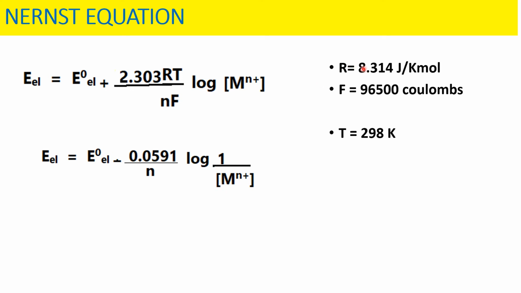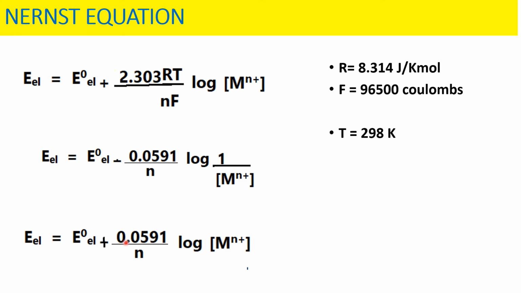By applying the values of R, T and F here, we get the quantity 0.0591. In general, we can represent this in other forms also, that is E electrode is equal to E0 electrode plus 0.0591 by n log concentration of metal ion.